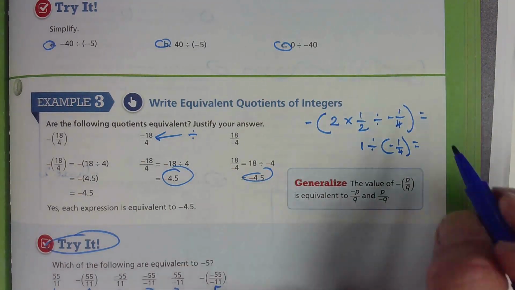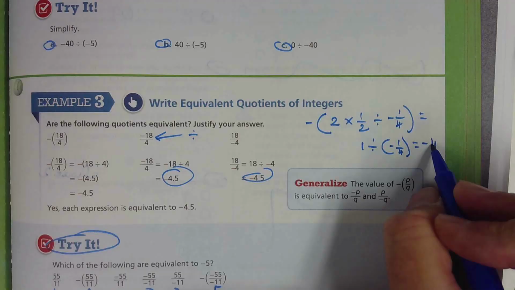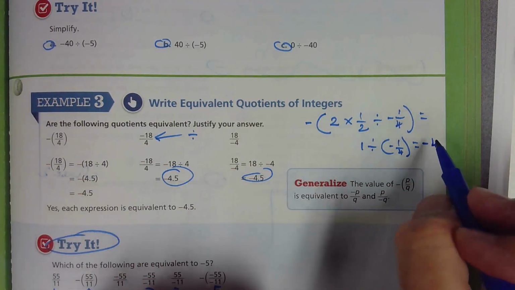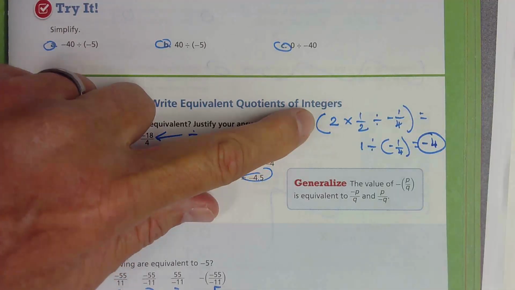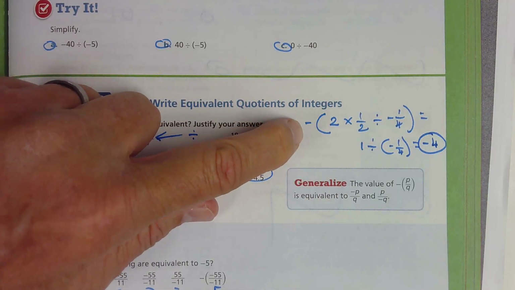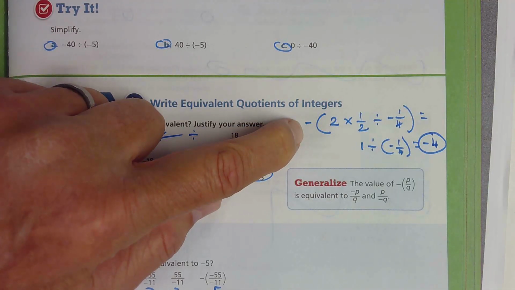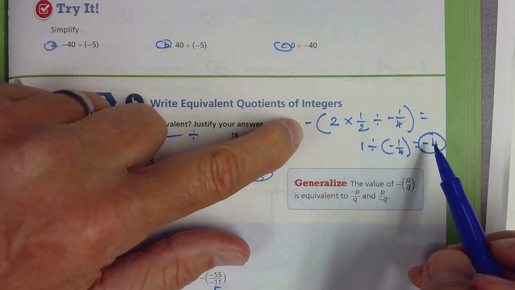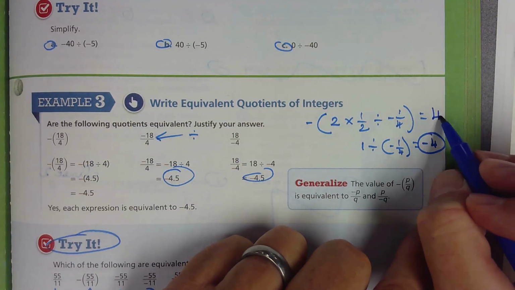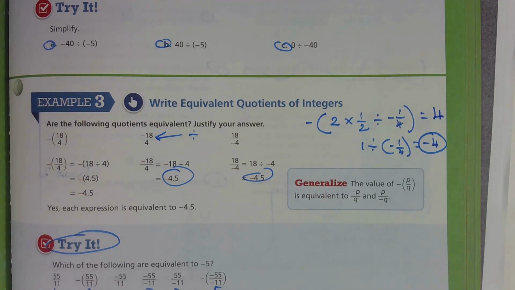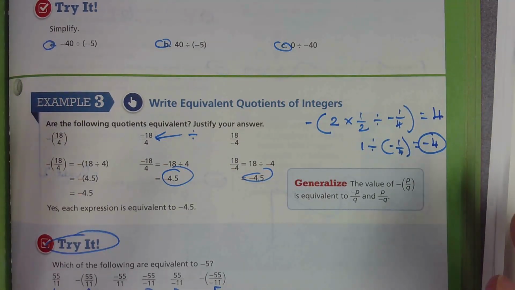It was a -1/4, so it would be a -4. So that would be the answer inside the parentheses. But you've got this symbol right here that says the opposite of. So the final answer would be the opposite of -4, so it would be 4. So keep that in mind because you'll have problems like that.